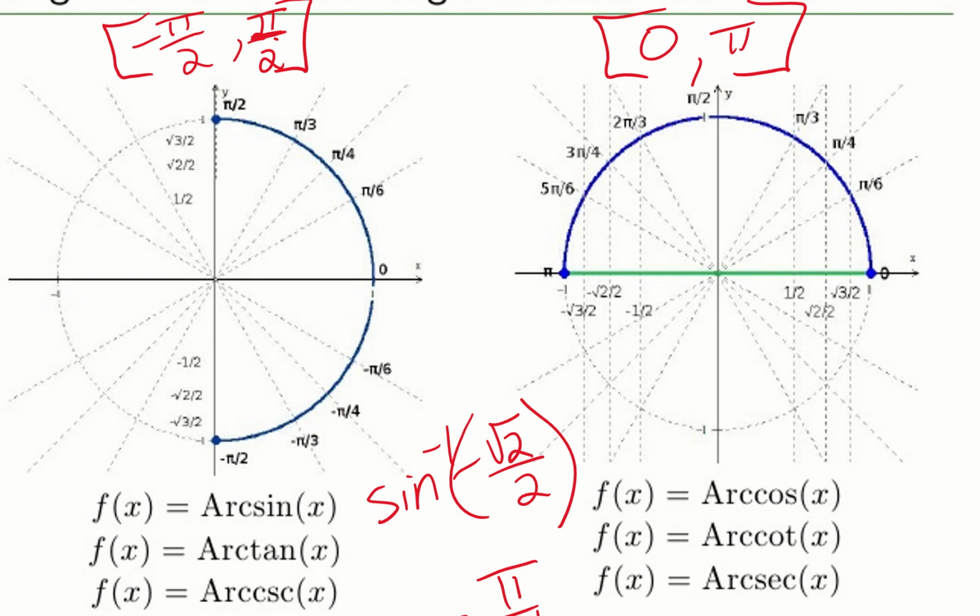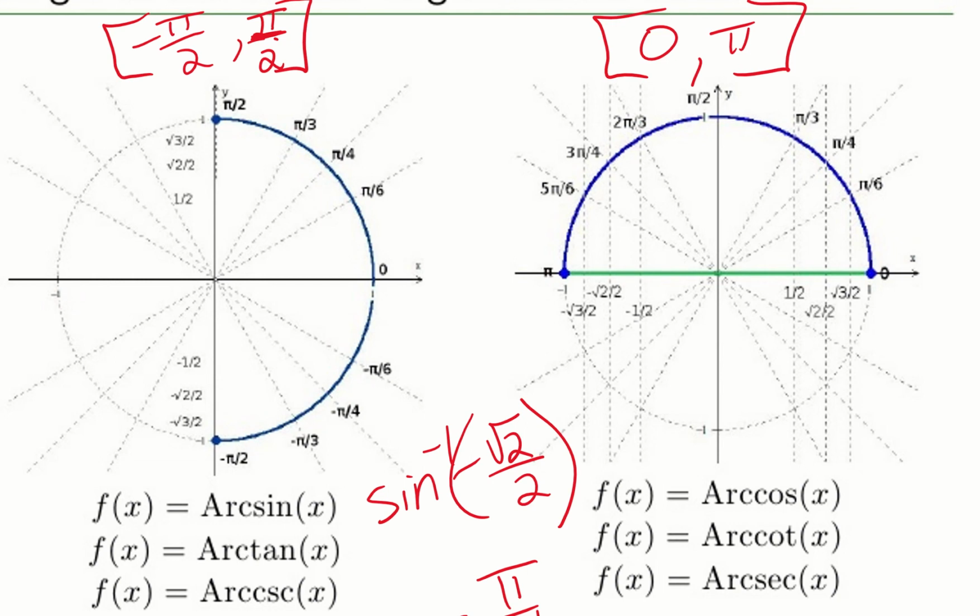And for cosine, cotangent, and secant, we're using the values 0 to pi. We need to restrict that domain of our standard trig functions so that the inverse trig functions are functions. It's just like where we're taking x squared and we just look at the positive values when we're taking the inverse, so that the square root of x is a function.